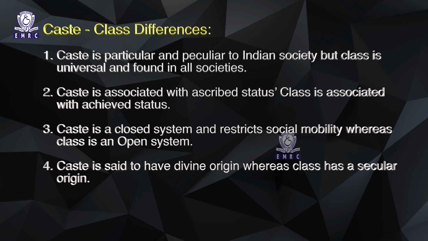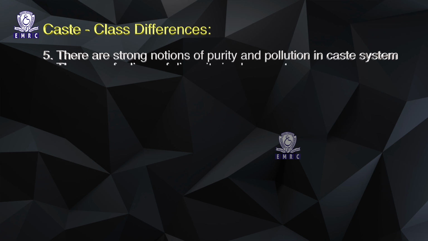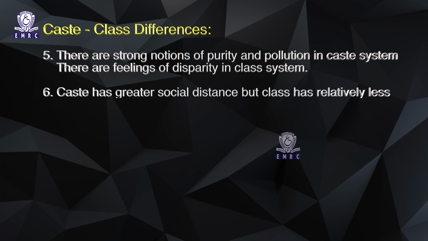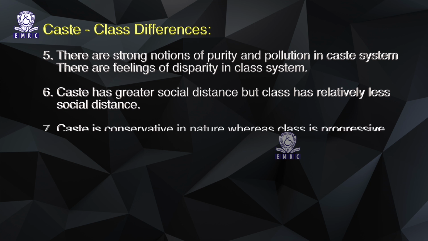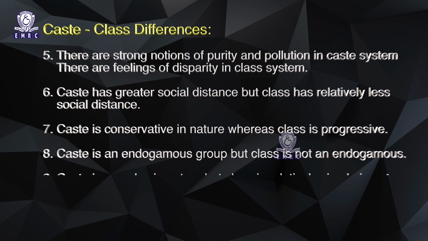Caste is said to have divine origin, whereas class has a secular origin. There are strong notions of purity and pollution in the caste system. There are feelings of disparity in the class system. Caste has greater social distance, but class has relatively less social distance. Caste is conservative in nature, whereas class is progressive in nature.